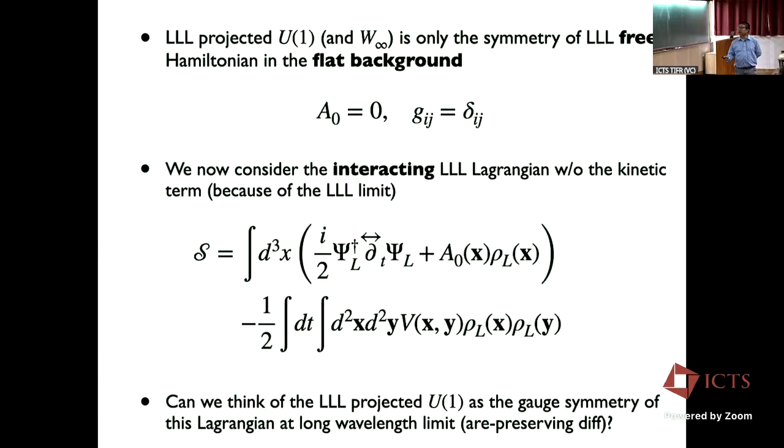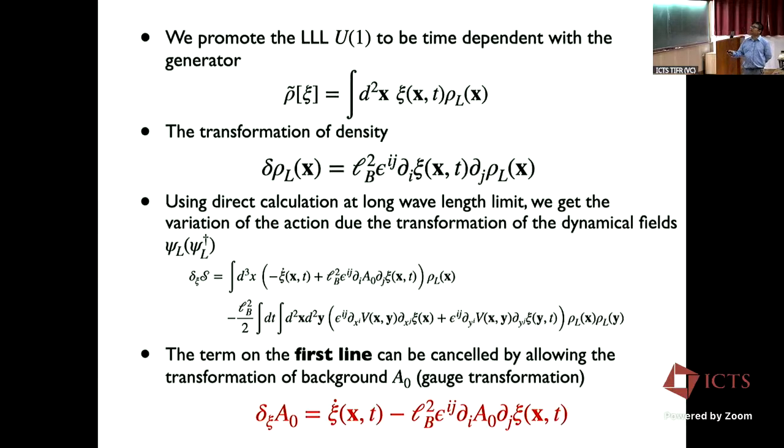And so we do the following thing. We do the area-preserving diffeomorphism in the passive way. With this generator, we see the transformation of the density under the projected U1 transformation.